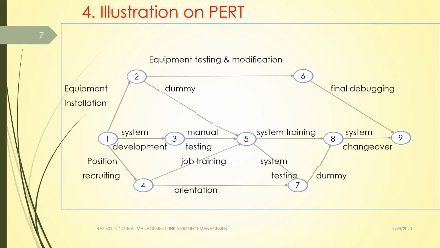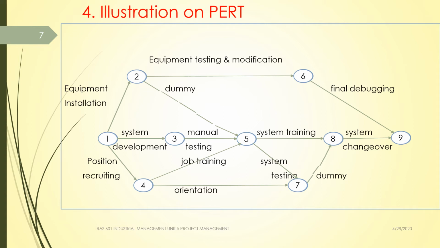Next, an example will be taken into consideration. Here the network diagram is drawn in which the activities are shown in the form of arrows, whereas nodes are represented by circles. For a particular problem, the solution is represented in the form of PERT.